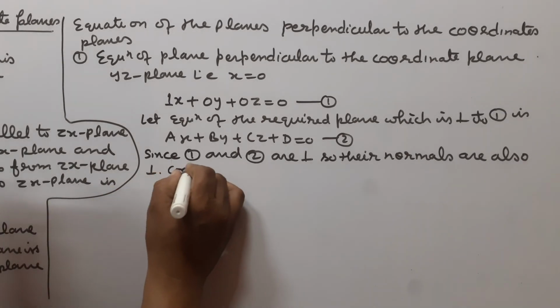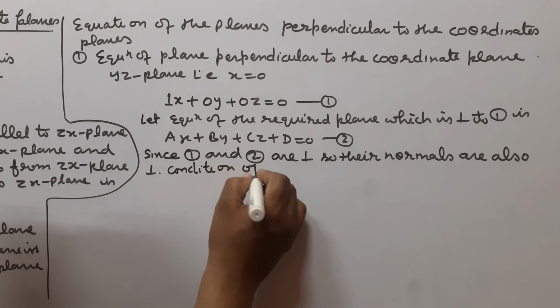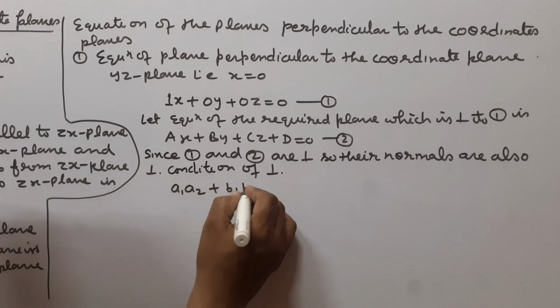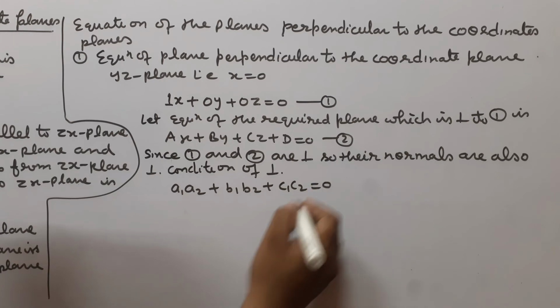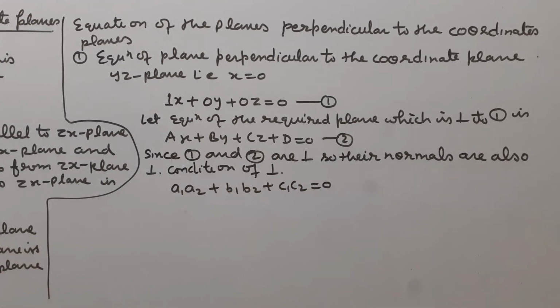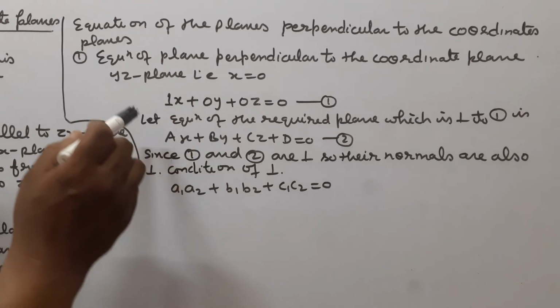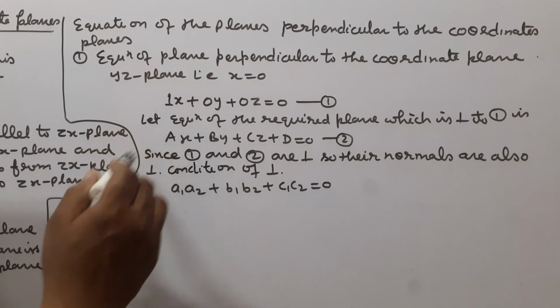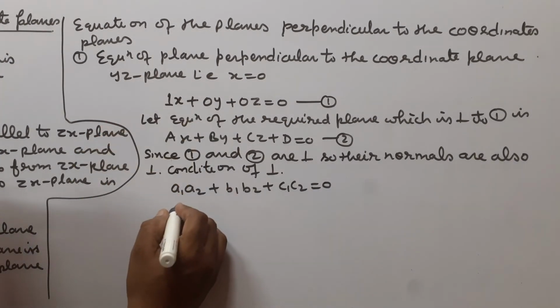Here we use the condition of perpendicularity: a1 a2 plus b1 b2 plus c1 c2 equal to 0, where a1 b1 c1 are the direction ratios of one line, a2 b2 c2 are the direction ratios of the second line, and both lines are perpendicular. Here plane 1 and 2 are perpendicular, that means the normal of the first and normal of the second are also perpendicular. So we use the condition for perpendicularity.